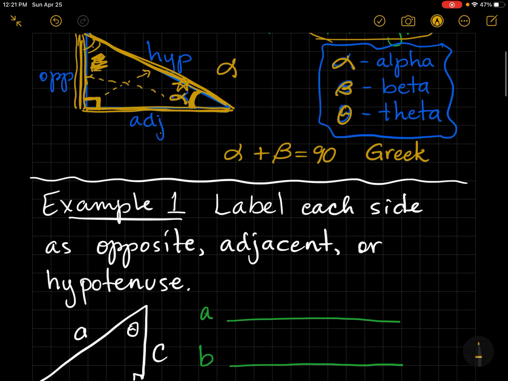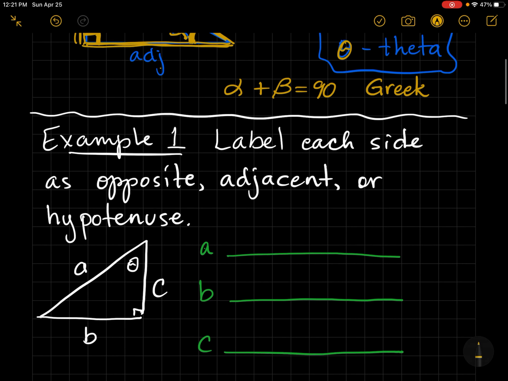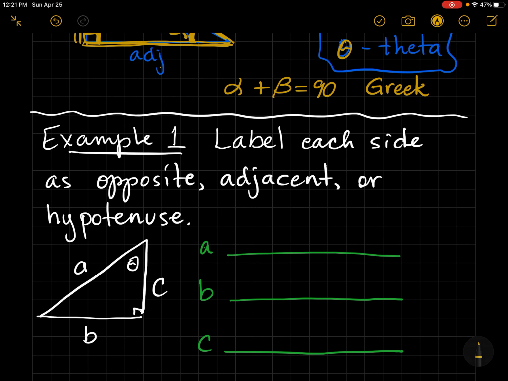Let's look at an example to see if we understand the concept. Label each side as opposite, adjacent, or hypotenuse. So if we look at this triangle and we look at theta, A is still the hypotenuse.